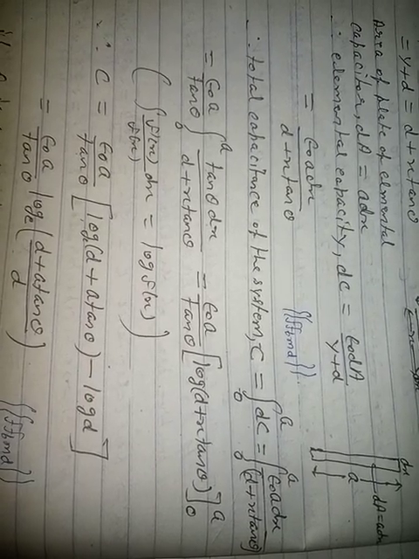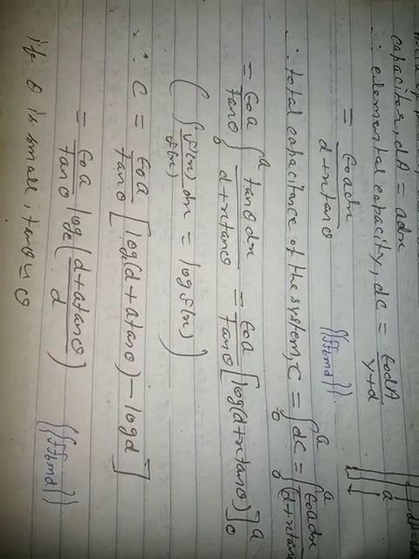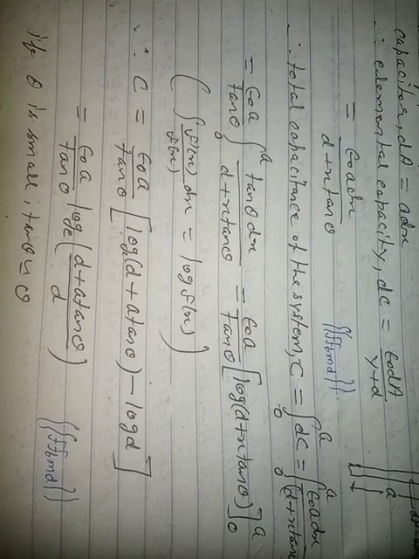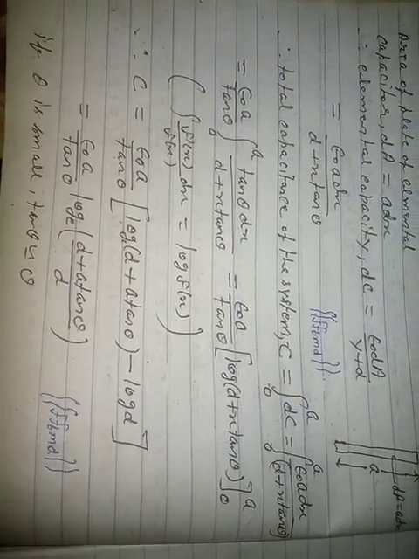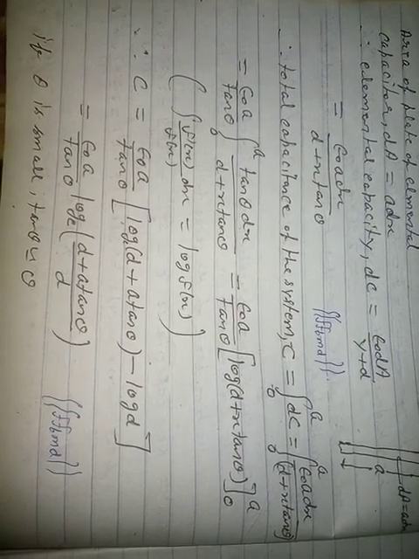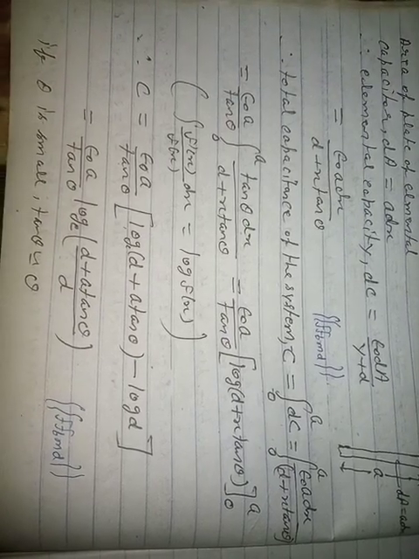Hence total capacitance of the system, C equals integration of dC in the limit 0 to A, equals integration 0 to A epsilon naught A dx by d plus x tan theta, equals epsilon naught A by tan theta integration 0 to A of tan theta dx by d plus x tan theta, equals epsilon naught A by tan theta log of bracket d plus x tan theta in the limit 0 to A.